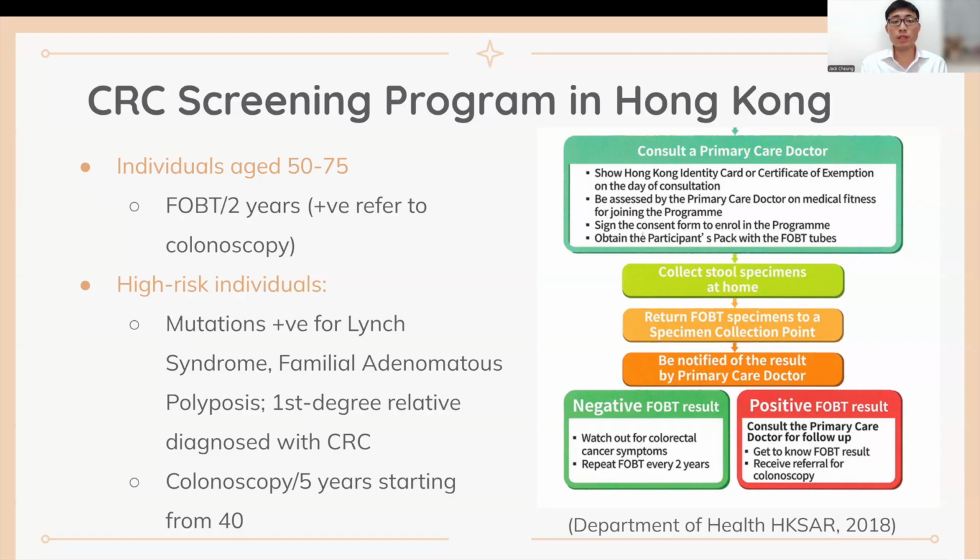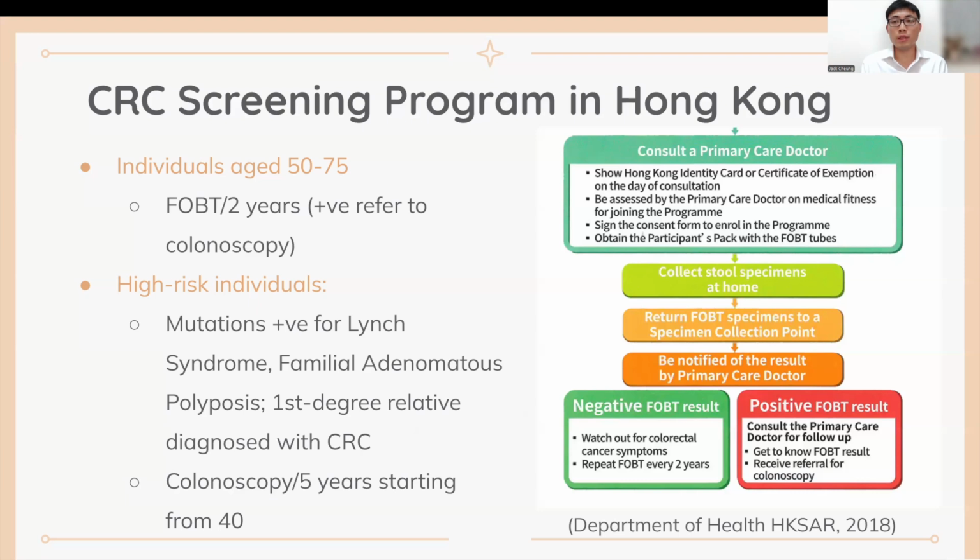For the population with a higher risk of CRC development, identified by mutations for Lynch syndrome, familial adenomatous polyposis, or having a first-degree relative diagnosed with CRC, they are recommended to take colonoscopy at a shorter interval of 5 years, starting from age 40. Recently, the screening program in Hong Kong has already covered around 40% of the target population.